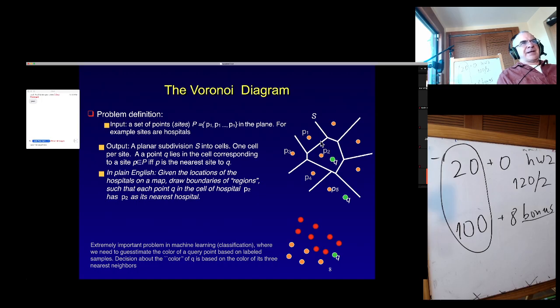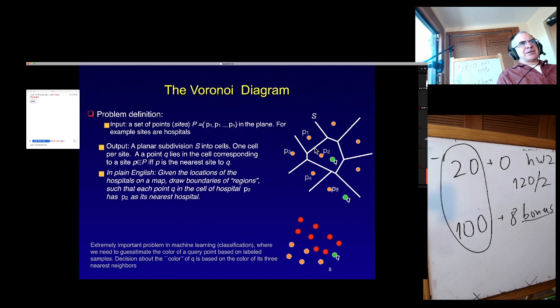A point lies on the edge between these cells of P1 and P2. Why? Because any point on this boundary says, my distance to P1 is the same as my distance to P2.